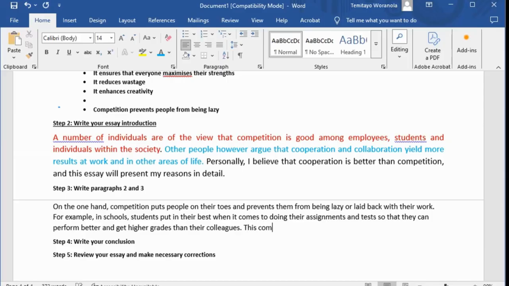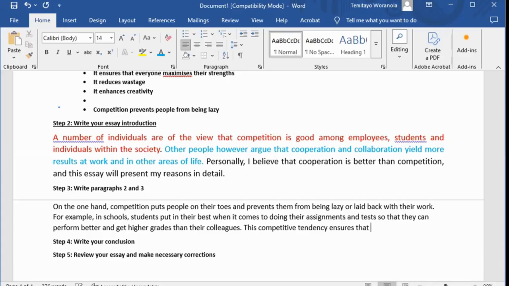This competitive nature prevents them, I don't want to use the word prevent again. This competitive nature, or let me say this competitive tendency, ensures that no student, let me adjust that.